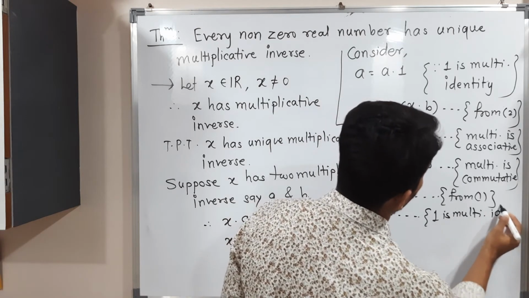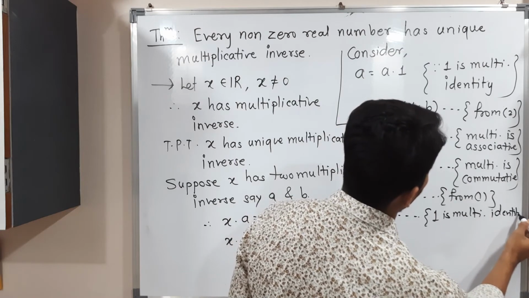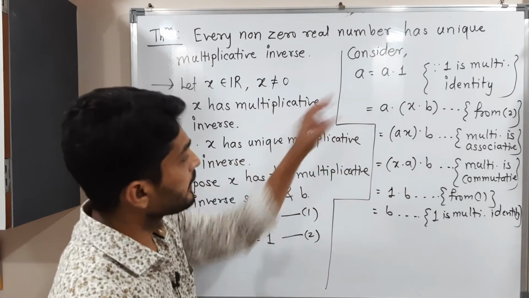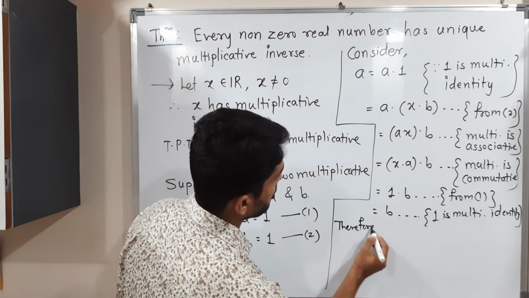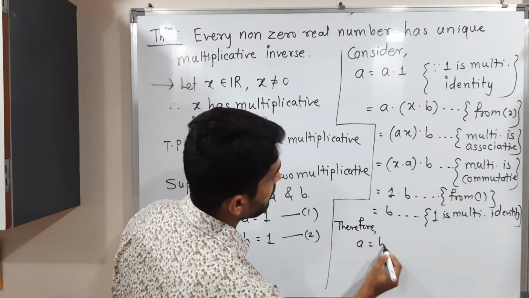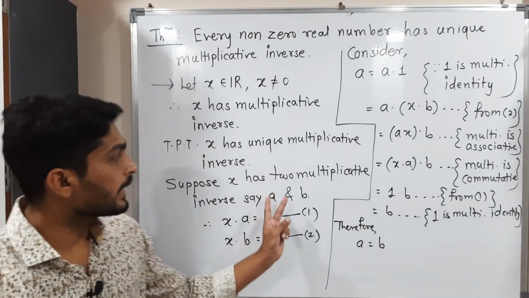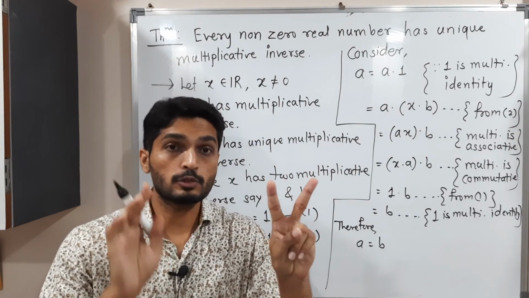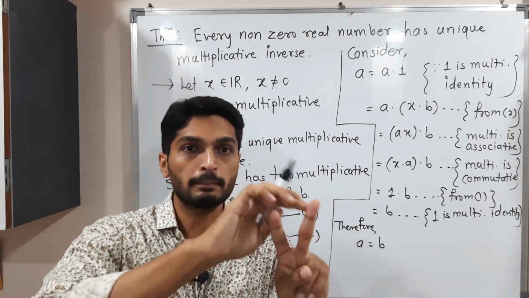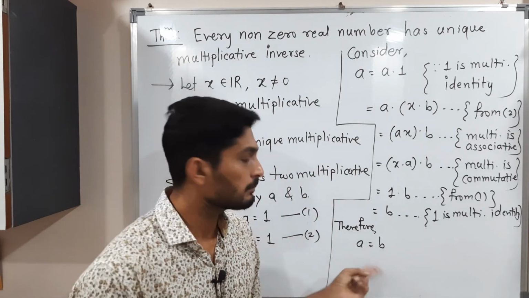Getting? So that means we started with A, and finally what we have got? B. So that means we had assumed x has two multiplicative inverses, A and B, and finally we got both of them are same.